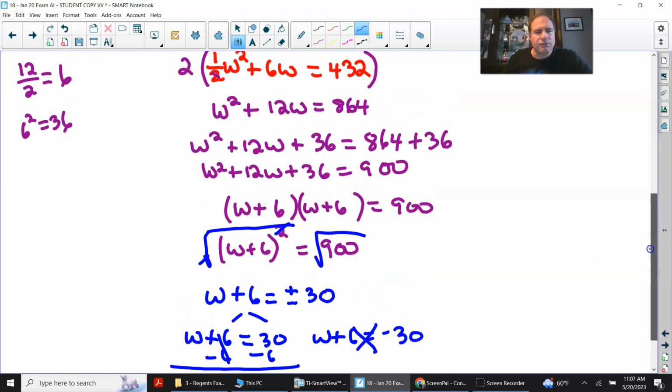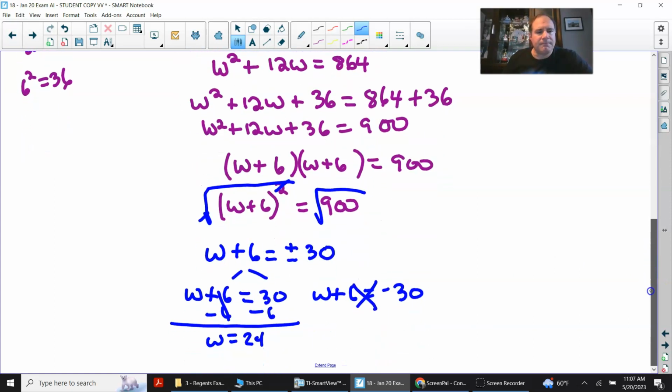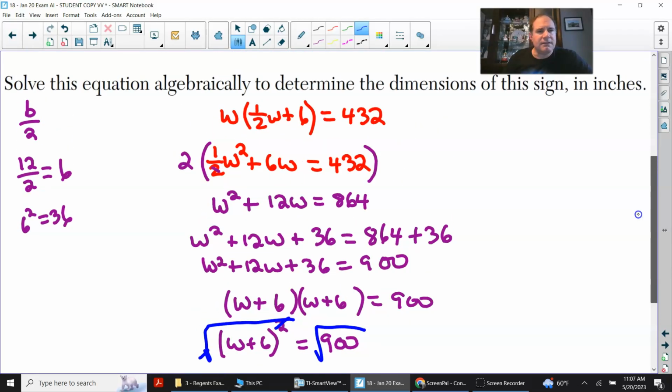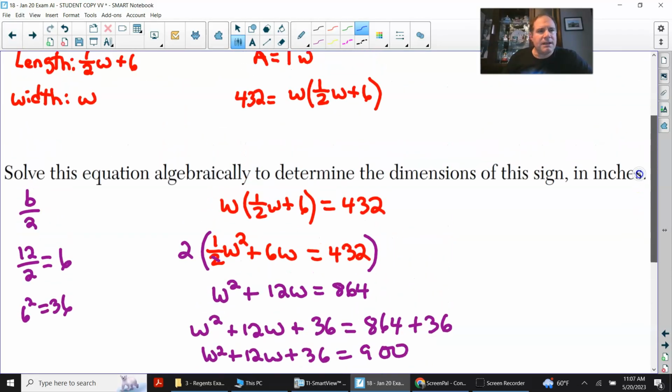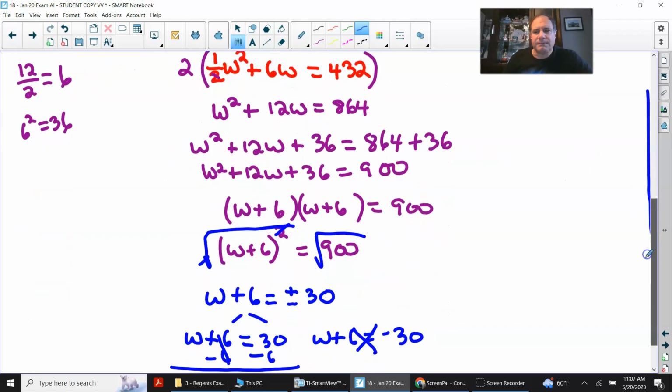All right. So you have a width of 24, and the length I put all the way up here as a half W plus 6.